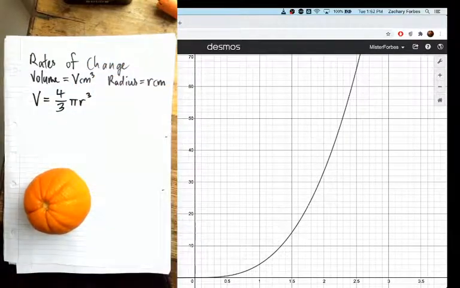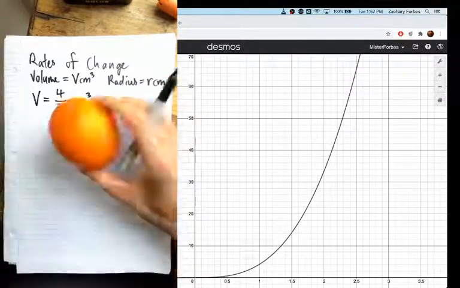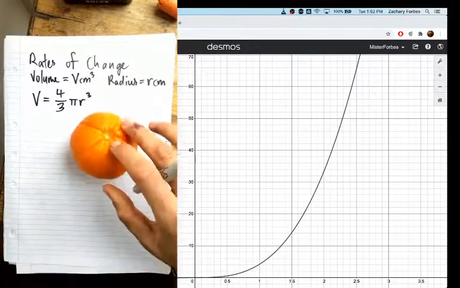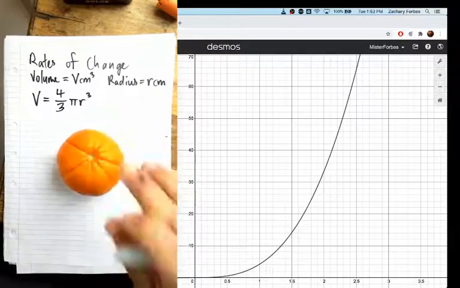If I wanted to know the volume of this orange, which I think might have a radius of about 2 centimeters, which is totally not true, by the way, it's probably closer to 3 centimeters, I would have to put it into this formula.